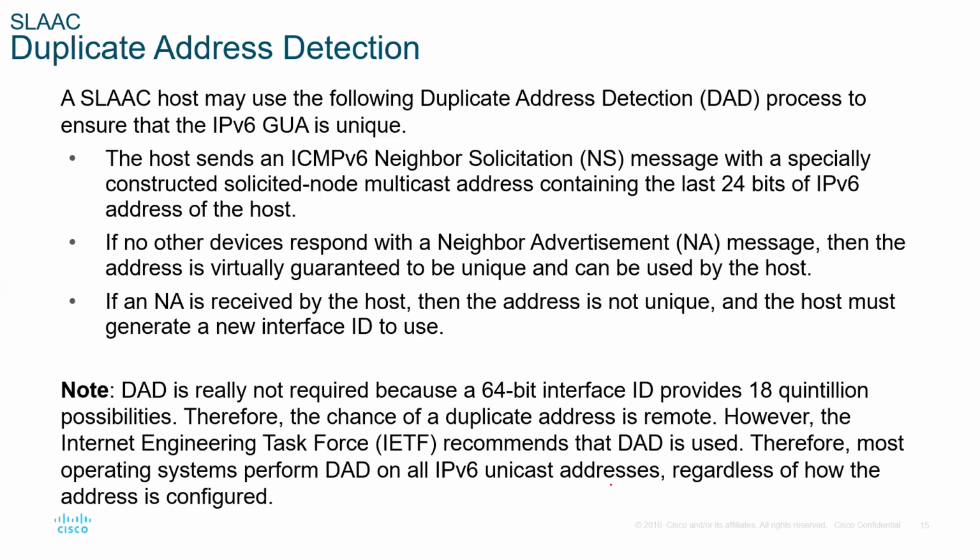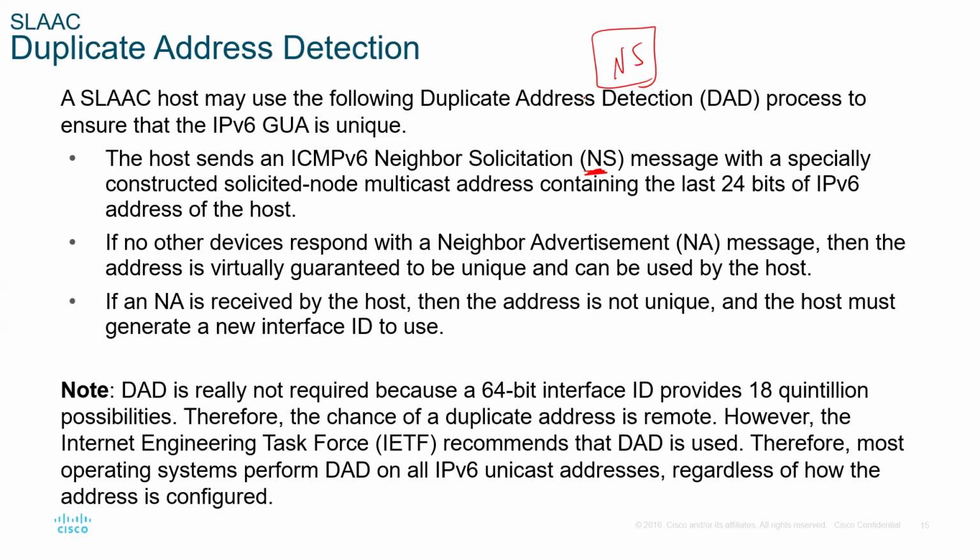So what is that? In simple terms, an NS is sent by the client. So a client sends an NS. And what does this NS contain? It just contains, I have this IPv6 address. Does someone else have it?